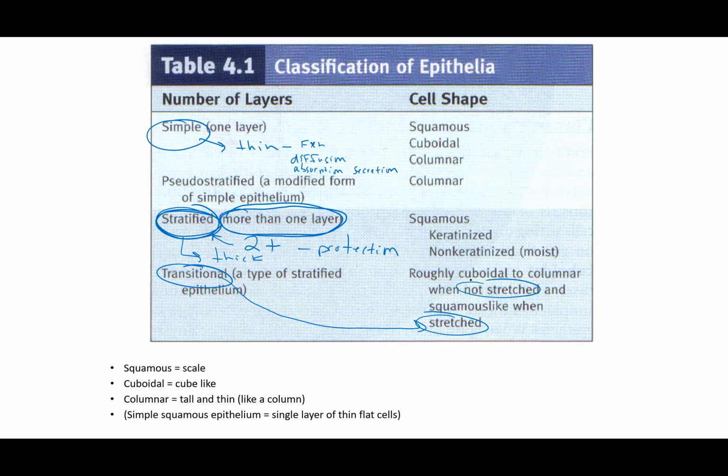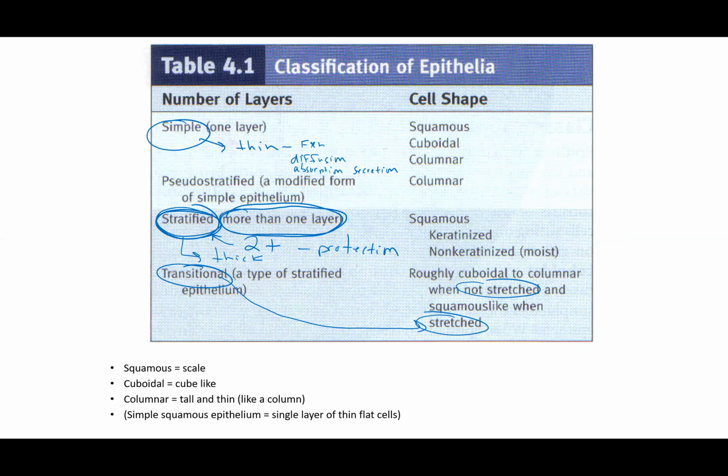You can take the ACE bandage and stretch it and then let it go back to its original shape, back and forth, back and forth. That's transitional epithelium. It's in transition constantly. It can change shape.